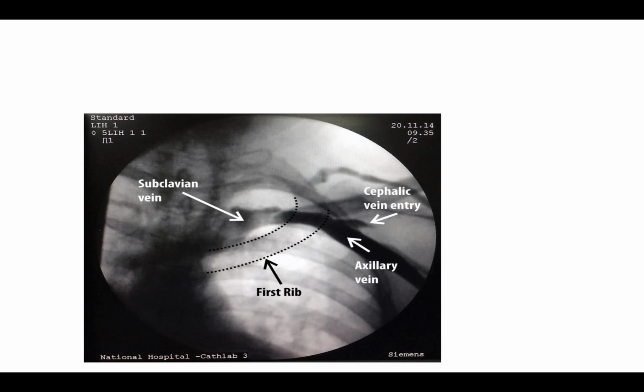But there are some people that will also implant even when they see a persistent left SVC draining to the coronary sinus. So if you can do that, what are the things required? Do you have the hardware? Do you have the extra equipment to maneuver and implant your devices? If you are doing a CRT, it's very easy because you just straight away enter the coronary sinus.